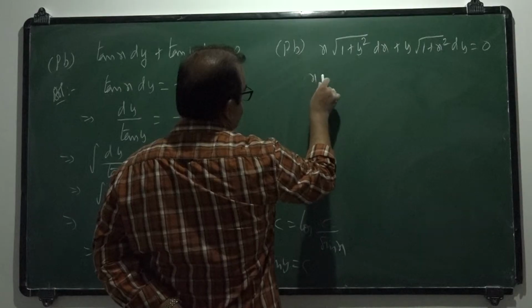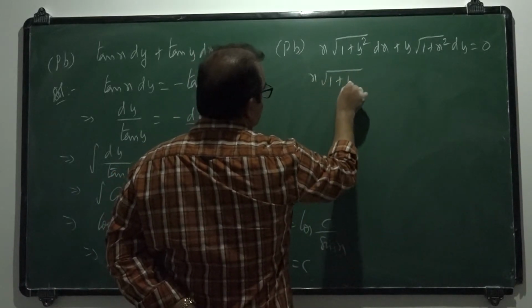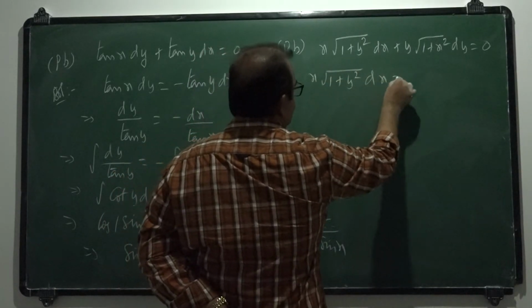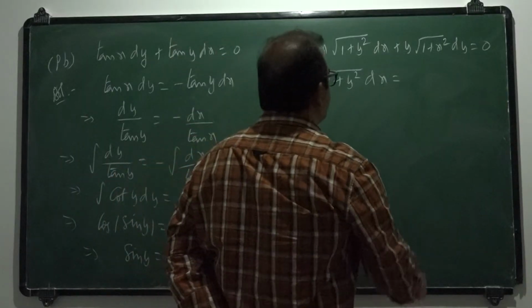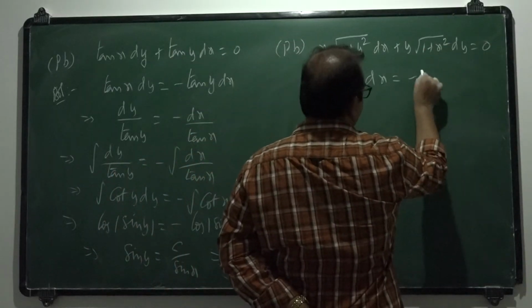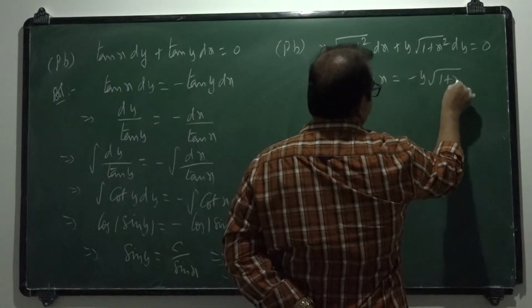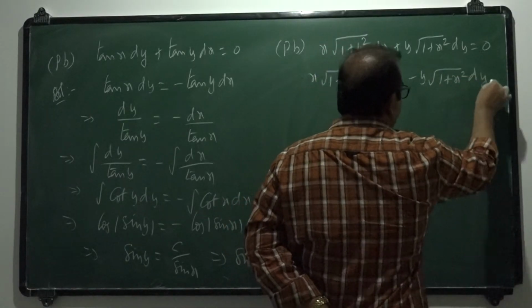Okay, write it as x into root 1 plus y square into dx is equal to, take this term to the right hand side, minus y into dy.